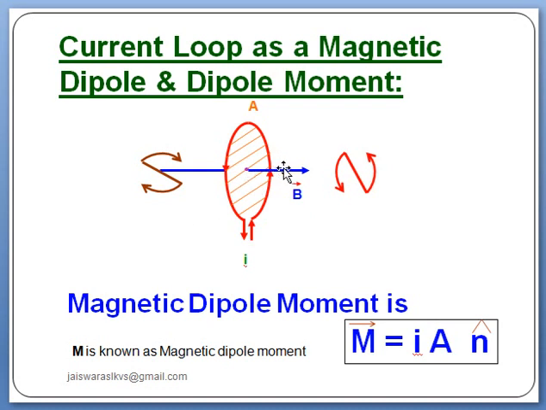So this is the origin of magnetic field line, and this will be the termination of magnetic field line. So whenever current flows in a circular loop, in a circular current carrying conductor, that circular conductor behaves like a bar magnet.